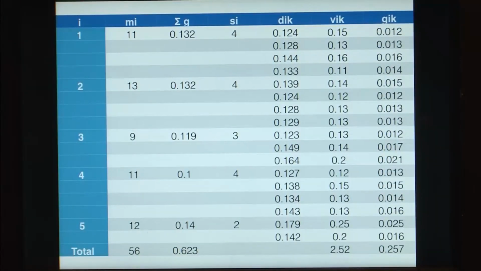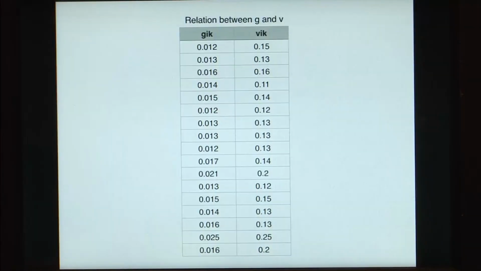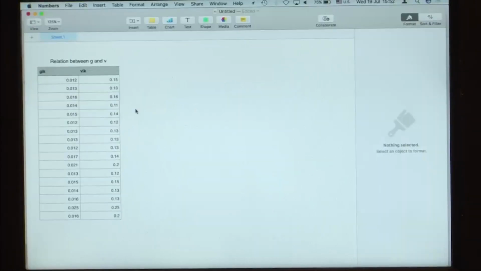So, how do we now compute the regression equation? We need to find out a regression equation between both of these variables, the GIK and the VIK. This is how we are going to do it. Here we have these values of GIK and VIK, and we need to find out a regression equation.